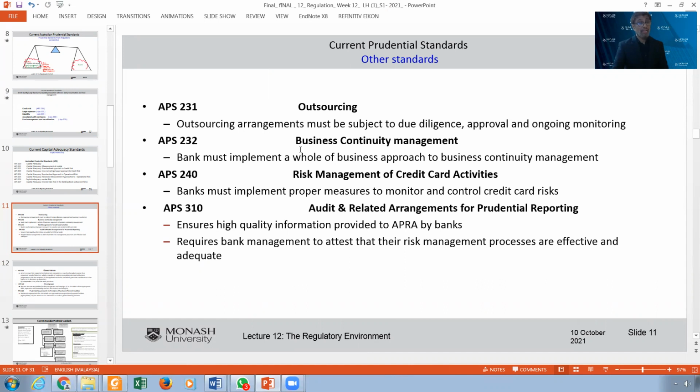They want to guarantee that the business is continuing with the bank. We have APS 232. 240 talks about the risk management of credit cards, one separate individual standard. APS 310 is talking about the auditors, how they audit, what report they should have, and what type of audit. This is the external auditors who audit those financial institutions, and what type of information they should send to the regulator.